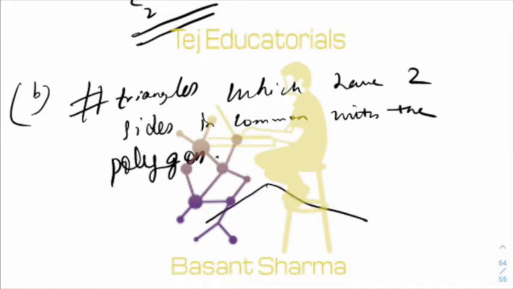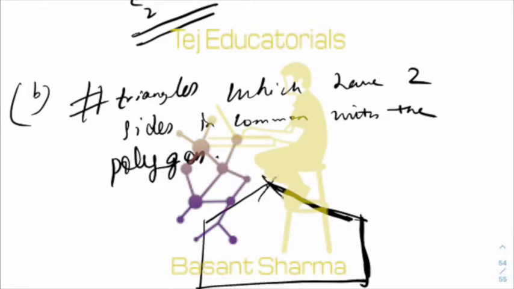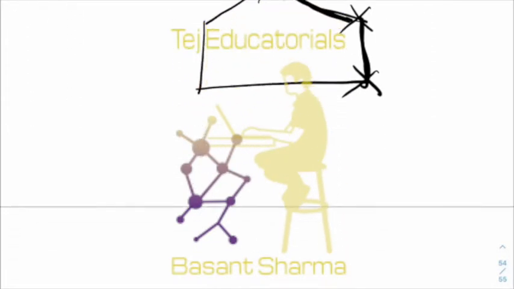Suppose you have, let's say, a pentagon. To form a triangle which has 2 sides in common, the three vertices that you select must be consecutive. Now this is pretty simple.